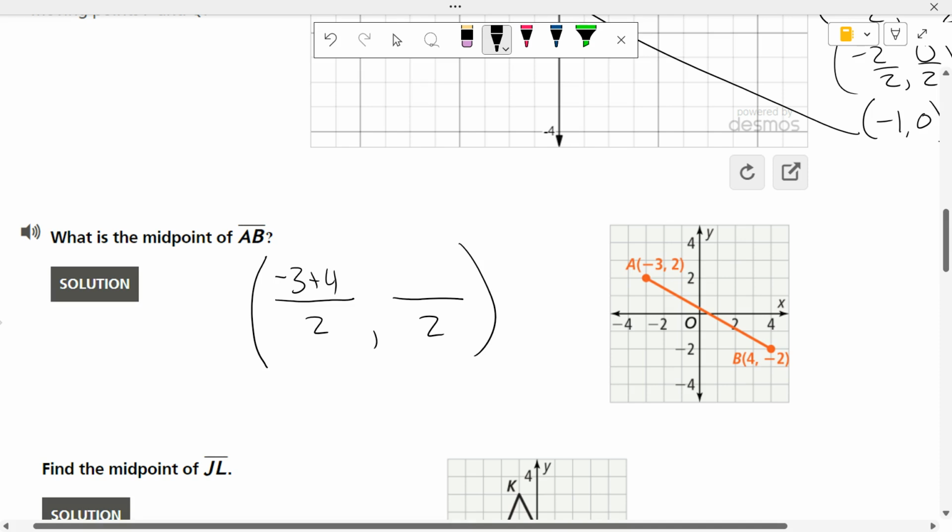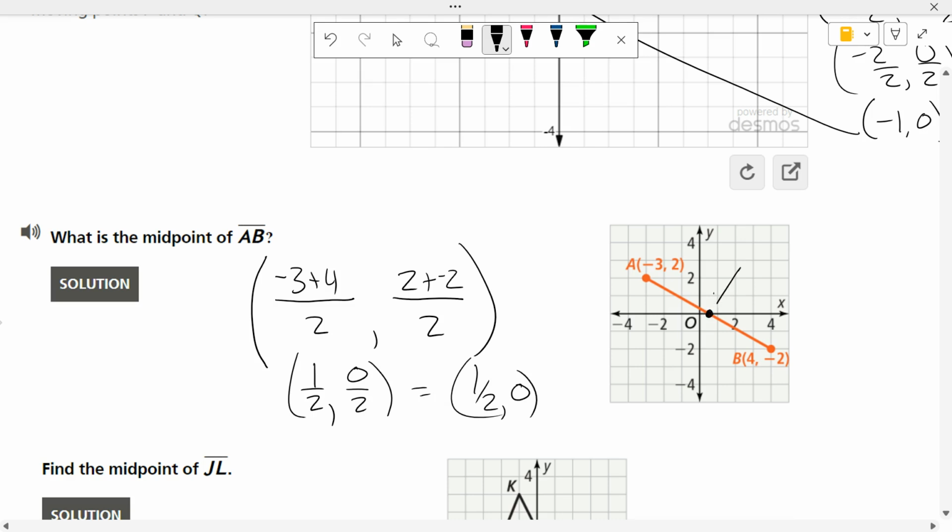What 2 numbers will I put here for my y's, Kyra? 2 and -2. So -3 plus 4 is 1. -2 plus 2 is 0. So it's 1/2 and 0. The point 1/2, 0 is right there. That is our midpoint.